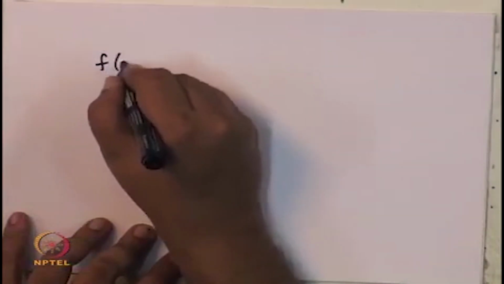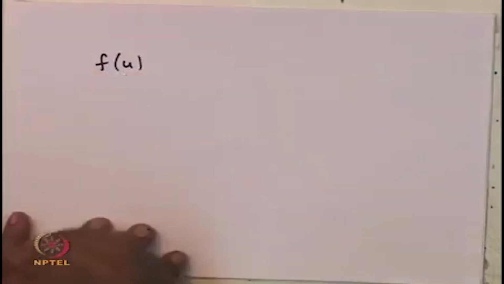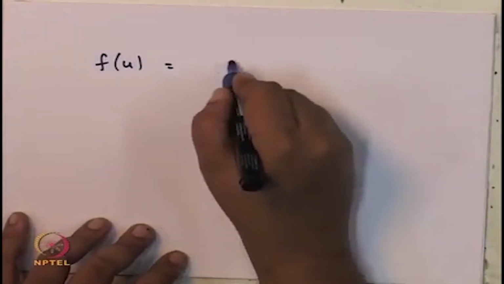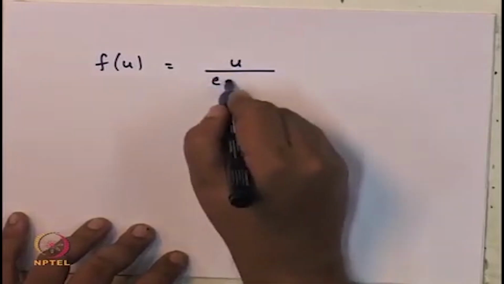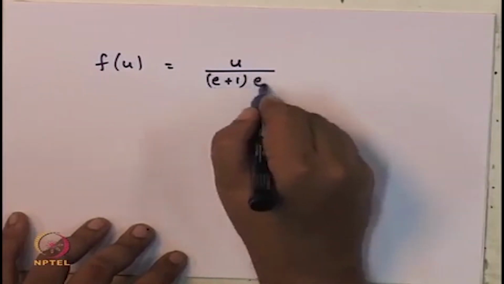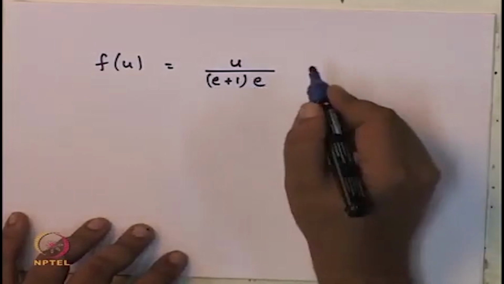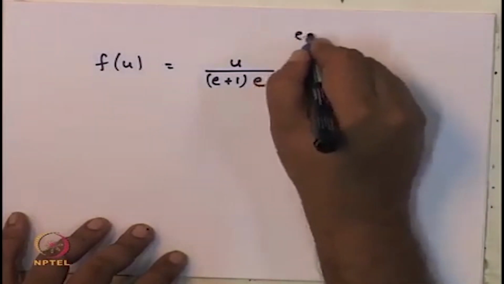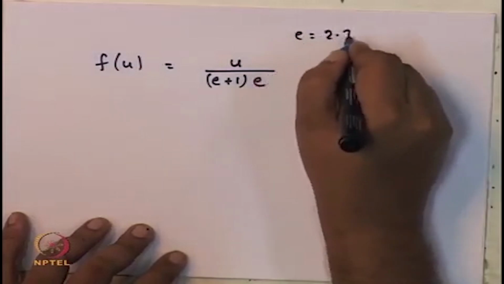So, here is the nonlinearity. The nonlinearity is given by the following equation. If u is the input to the nonlinearity, f(u) is given to be (u upon e plus 1) times e. Here e of course is the number e, that is 2.7 something.